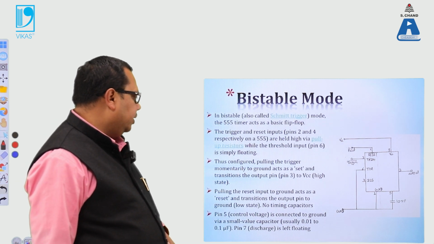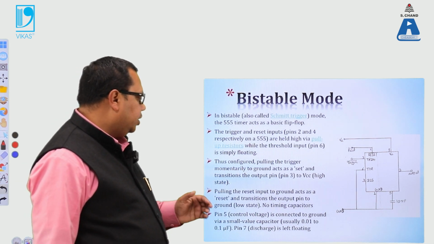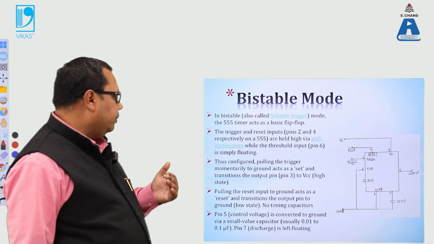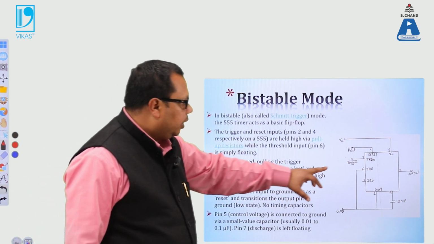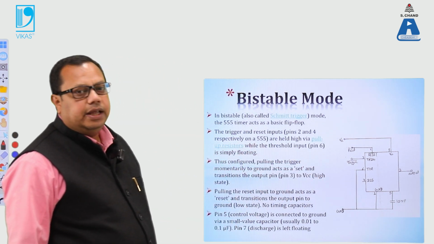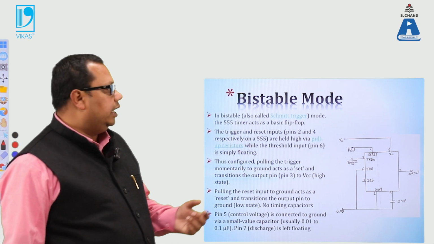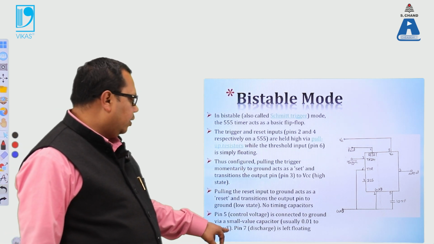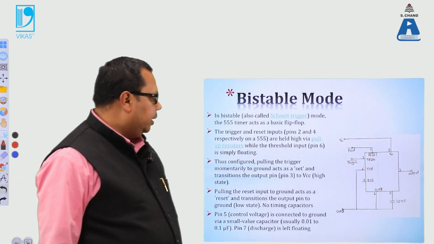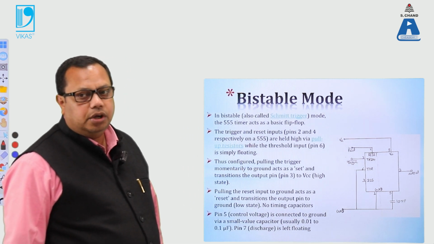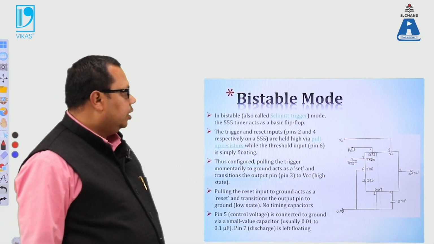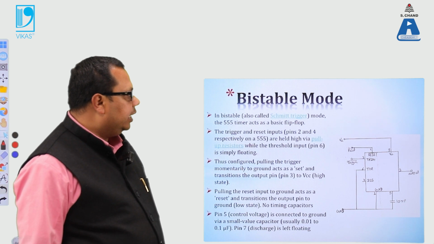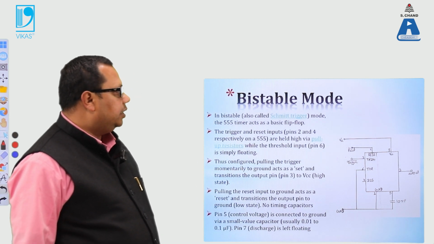Then pin number 5 is connected to the ground through a capacitor, which can be in microfarads. We can see that it can work with 0.01 microfarad, and then pin number 7 is kept floating, which is used for discharging. So we can see that this is basically used as a bistable mode.